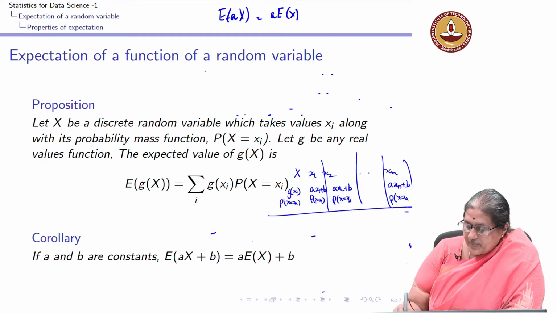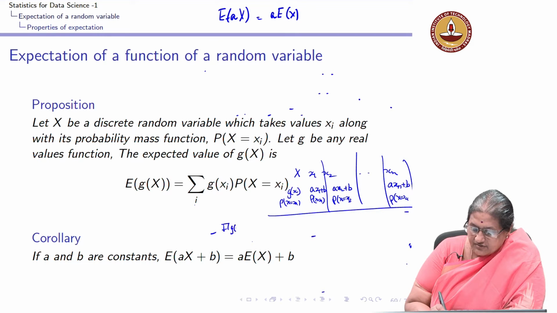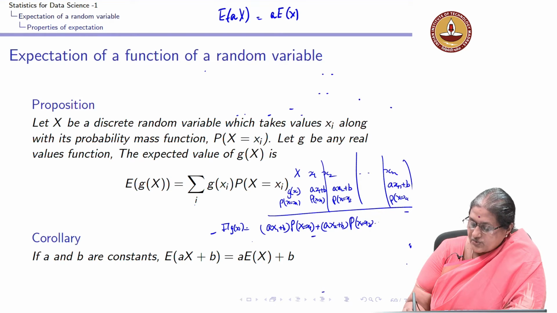So, my expected g of x is going to be ax1 plus b into probability x equal to x1, plus ax2 plus b into probability x equal to x2, plus axn plus b into probability x equal to xn.